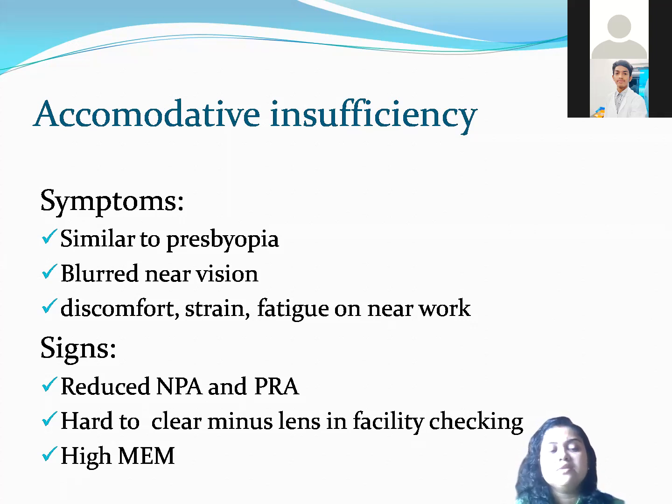But when we do the PRA testing, adding minus 0.25 lenses, the PRA value will be low because the patient cannot clear those minus lenses. Is it clear to all of you? Any doubt in how to diagnose this case of accommodative insufficiency?